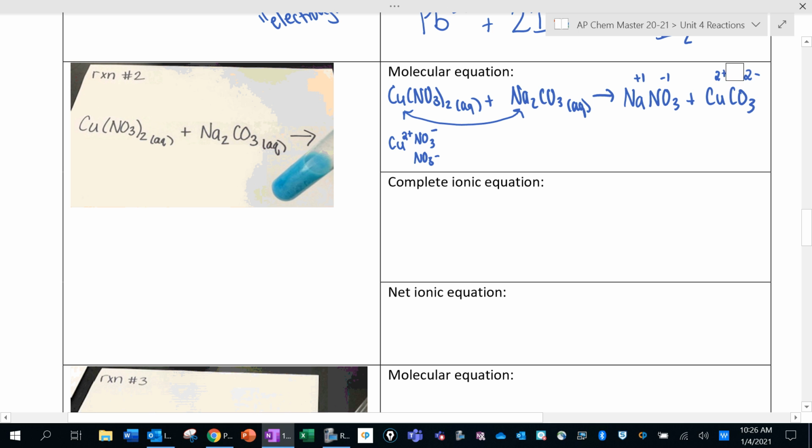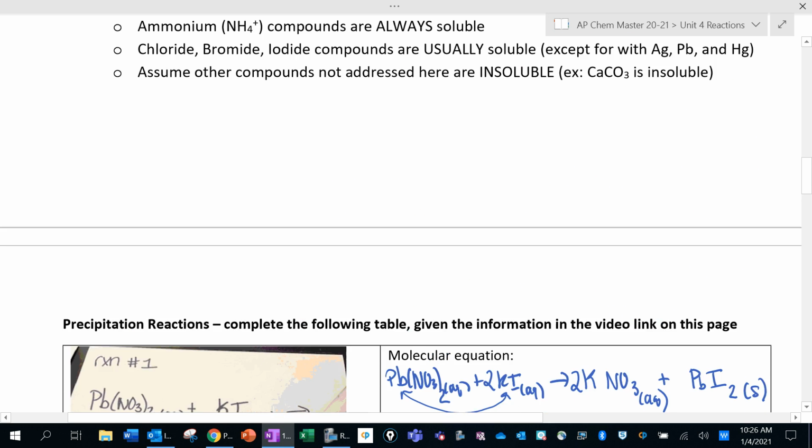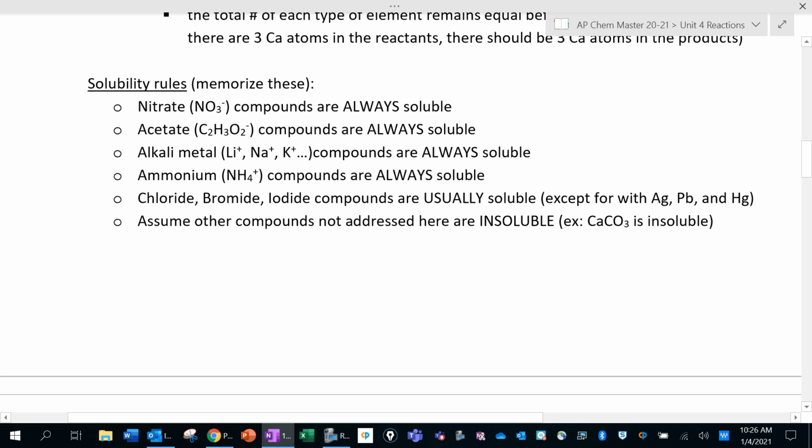Awesome. My next step is to use my solubility rules to figure out who my precipitate is. So notice that this compound has nitrate and sodium. And if I look back up here at my list of solubility rules, which again, you will want to memorize these 5 solubility rules. So any compounds containing these things will be soluble.